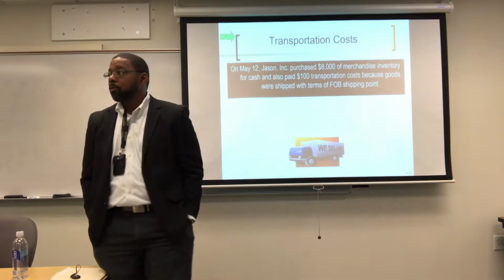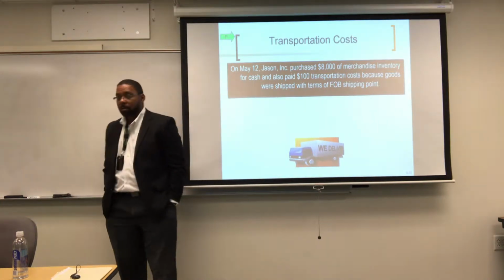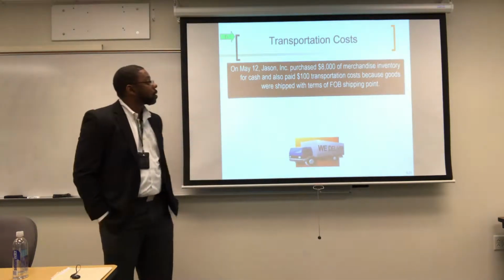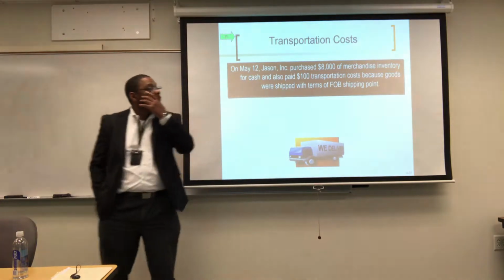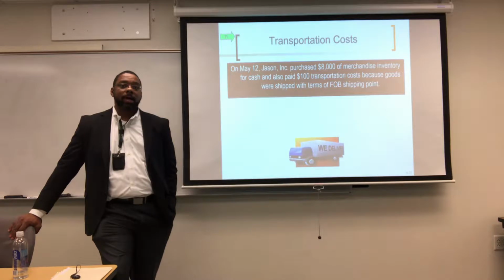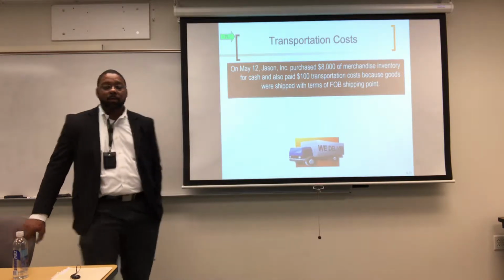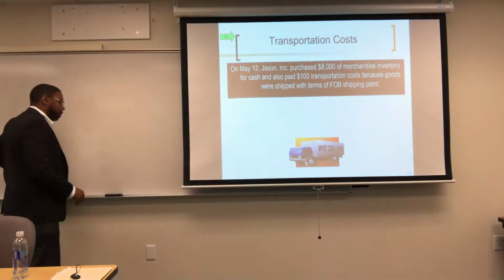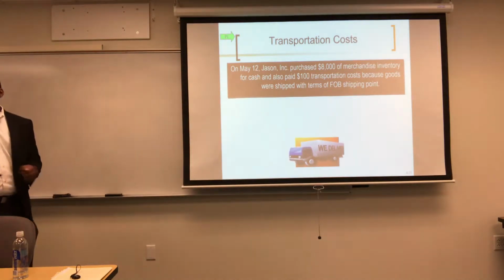Credit. Good. So what did they pay out the cash for? Merchandise inventory. All right. Merchandise inventory is what type of account? An asset. Did we increase or decrease the merchandise inventory? How do we reflect an increase in merchandise inventory?